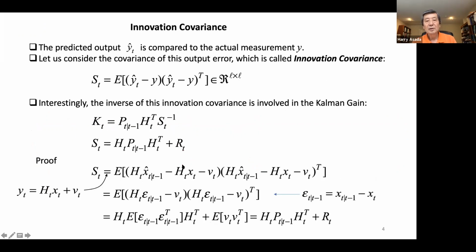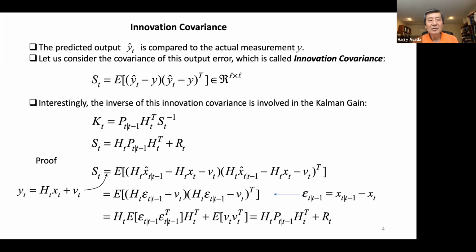Now I have 2 important points to add to Monday's lecture, and one is innovation covariance. We did a prediction output y_t hat compared to the actual measurement y, right?